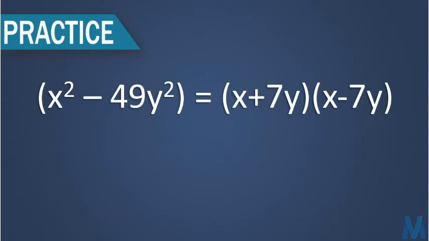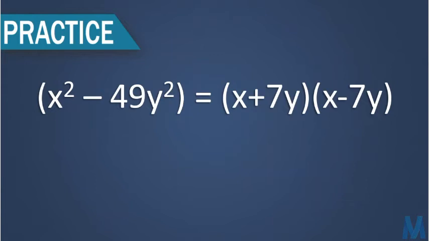So, this time, the first term is a variable, and the second term is a combination of variable and numerical coefficient. So we have x squared minus 49y squared. Okay, let's check the left side if it's a square pattern. Okay, so x squared is a square pattern, check. 49 is a square pattern, check.